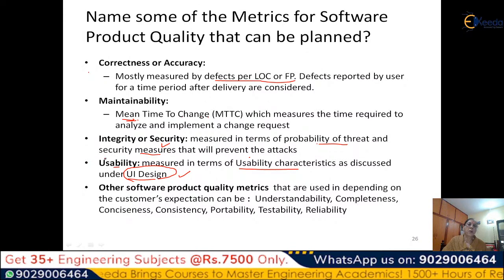So that is called the usability quality of a product. Other software product quality metrics are understandability, completeness, conciseness, consistency; depending on whether they are required or not, we will use them. But normally for all online interactive systems we will have usability, for most we will have security and integrity, and we will have correctness and things like that.